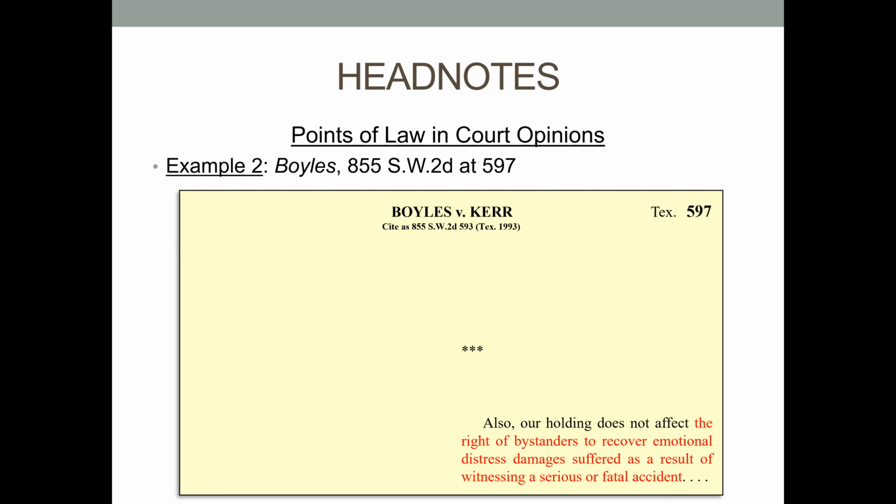So here in this red language, in red font, the court is acknowledging that there is, at least to some degree, a right of bystanders to recover emotional distress damages suffered as a result of witnessing a serious or fatal accident. So there we have another point of law. And of course, the opinion will go on and contain others.